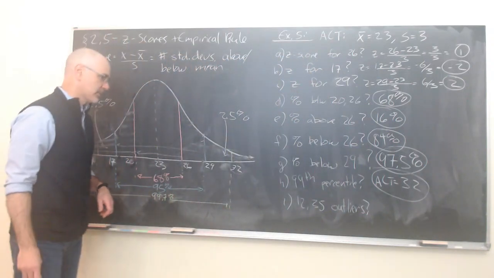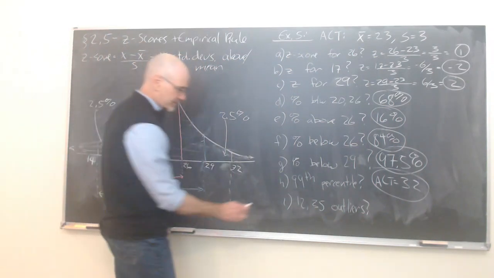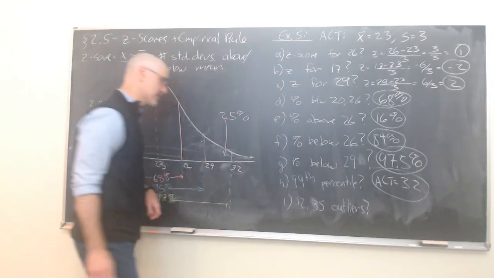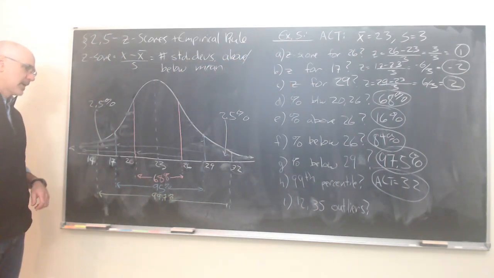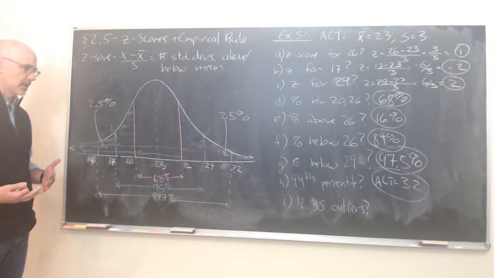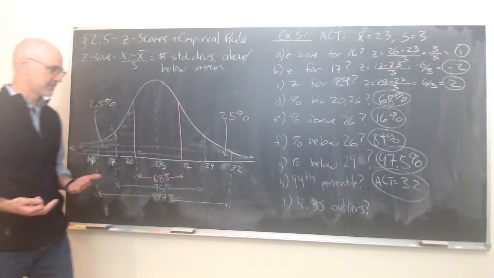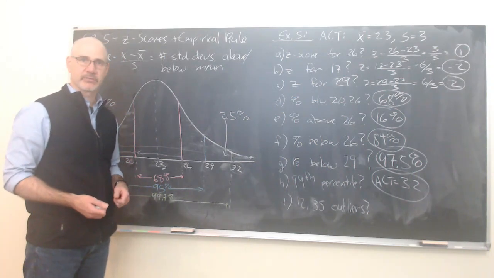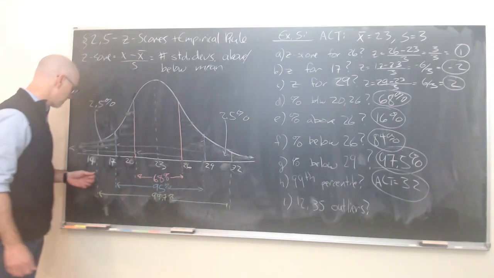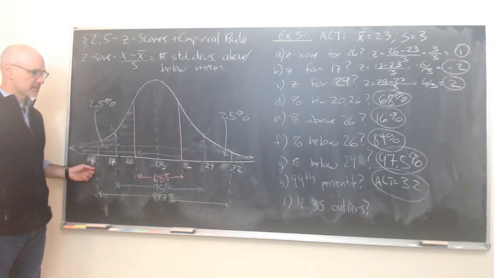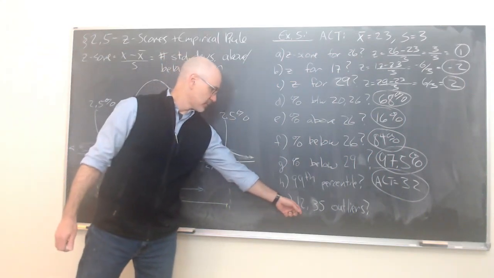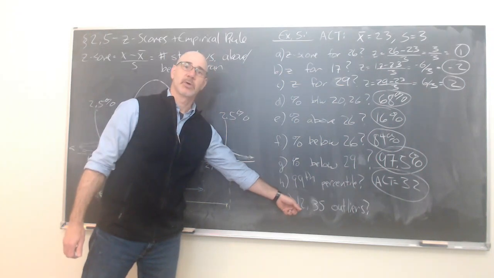And then finally, we're asked whether the points 12 and 35, that's a terrible 3, are outliers. And to determine that, with what we are currently looking at, we have to just check to see if they are more than 3 standard deviations away from the mean. So we've already marked that 14 is 3 standard deviations below the mean. 12 is less than 14, so yes, 12 is an outlier.